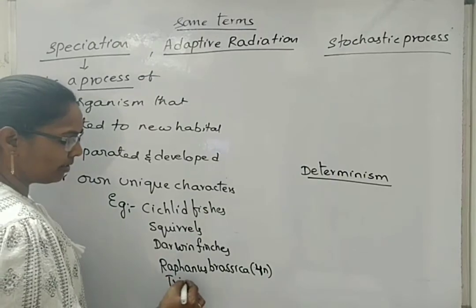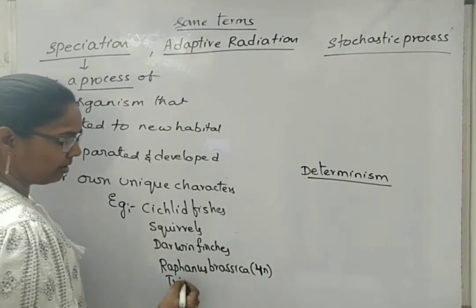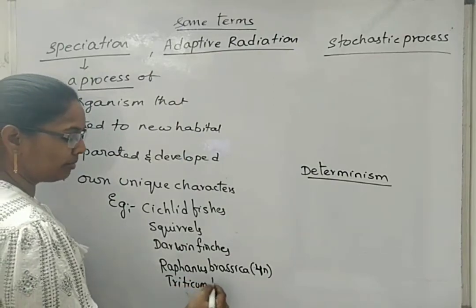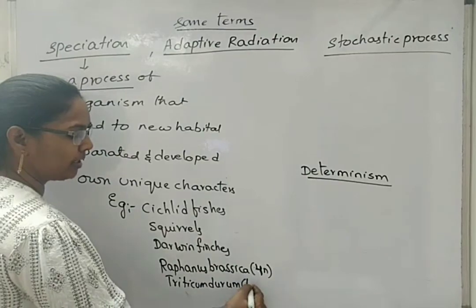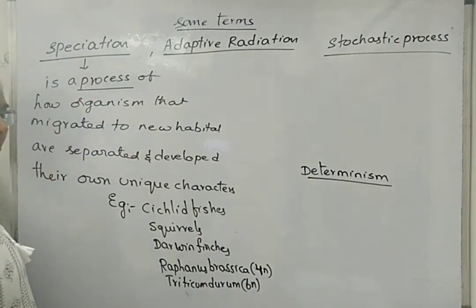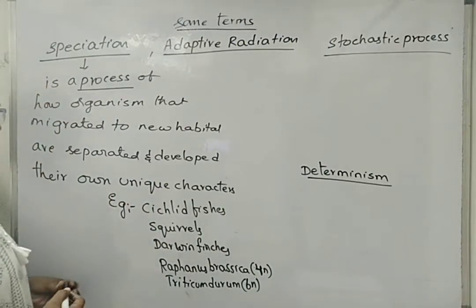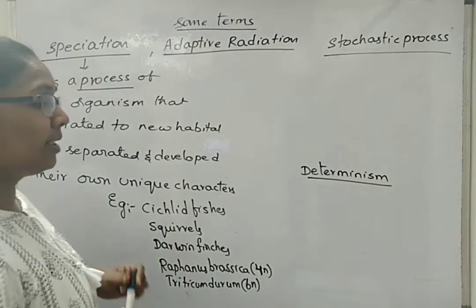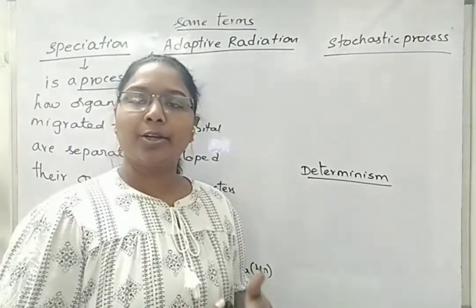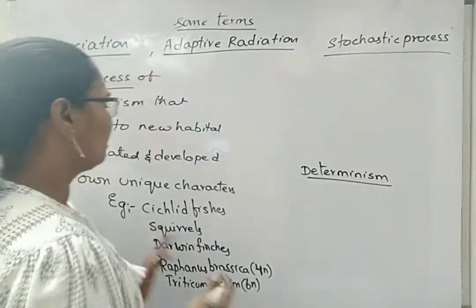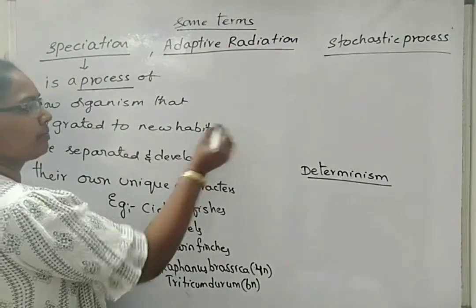Another one is Triticum durum. This is having hexaploid, that is 6N condition. So these are some of the examples. We can also consider some of the amphibians that have developed and adapted to the new environments. So this is speciation, just a process.